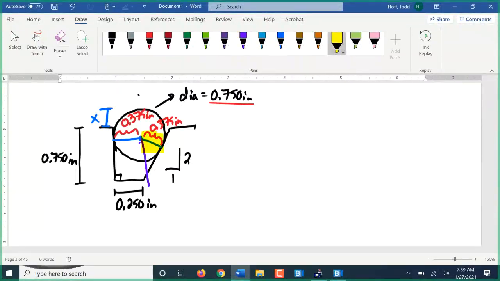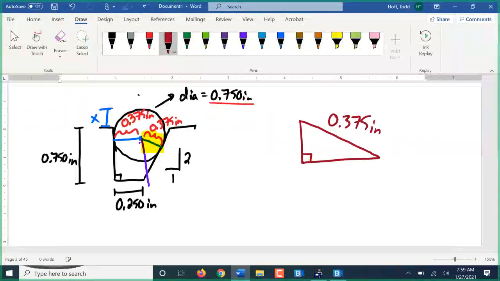This radius that I want to look at more closely. I know that this is 0.375 inches. I know that this hypotenuse is the radius of a circle, and that circle is tangent to this surface right here.